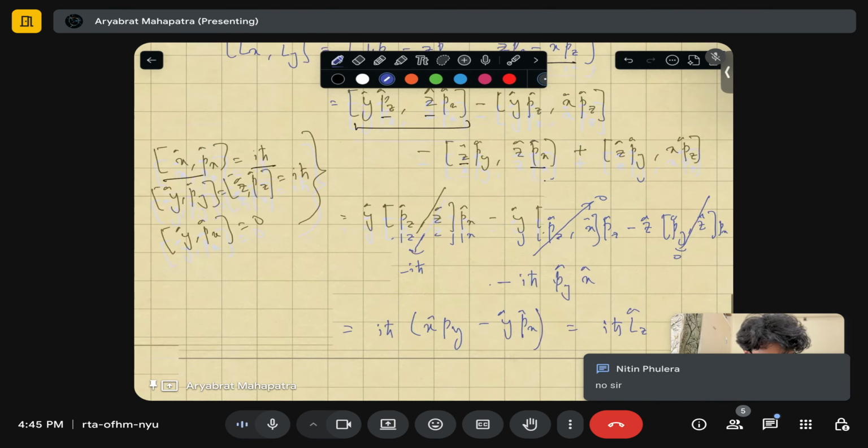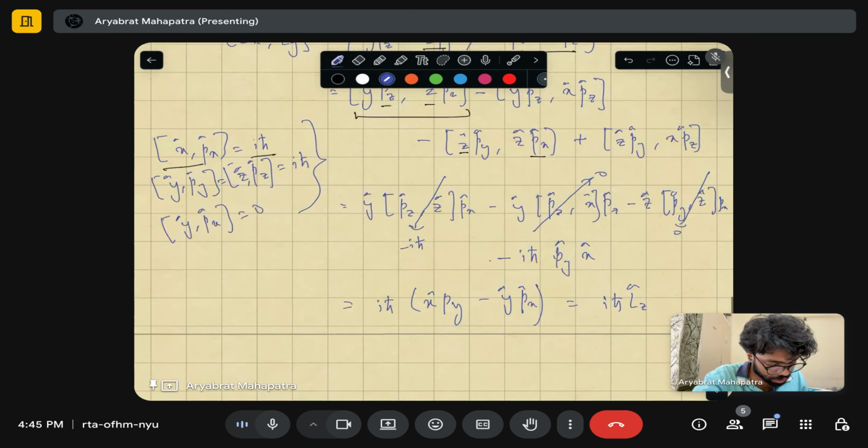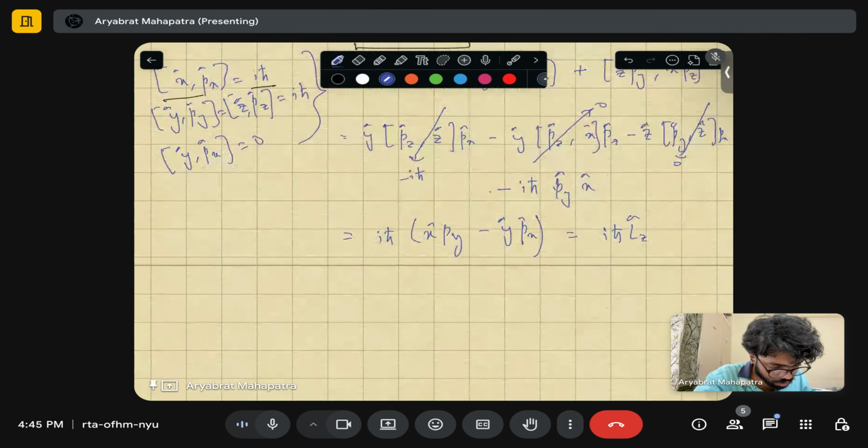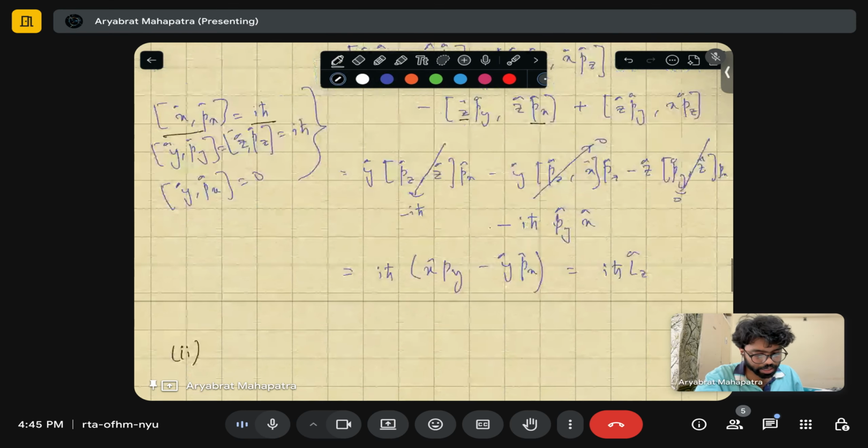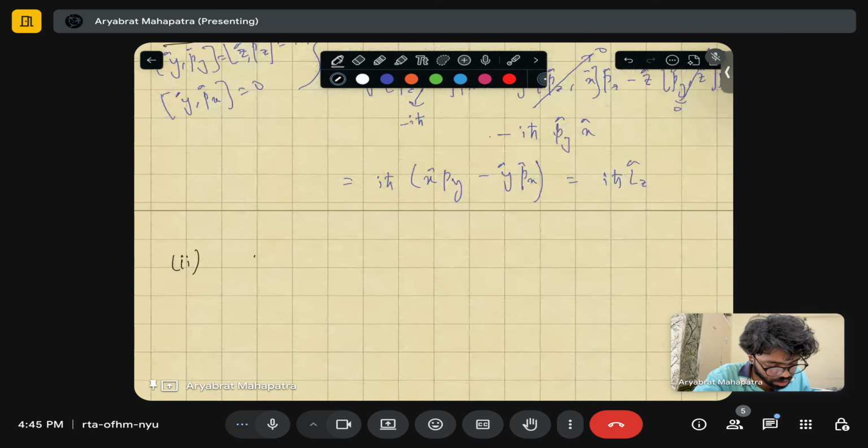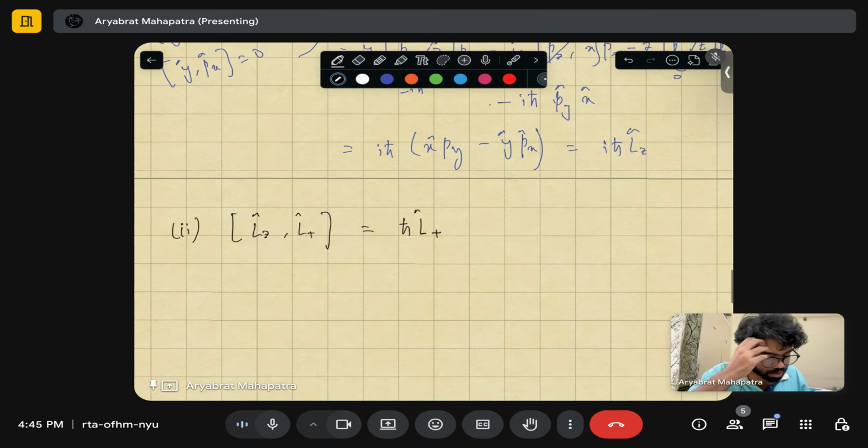Next, you can show one more computation, where you take the Lz commutator with L plus. This should give you h bar L plus. Now, what are L plus? You have L plus and L minus here in angular momentum, just like how you had a dagger and a in the harmonic oscillator.